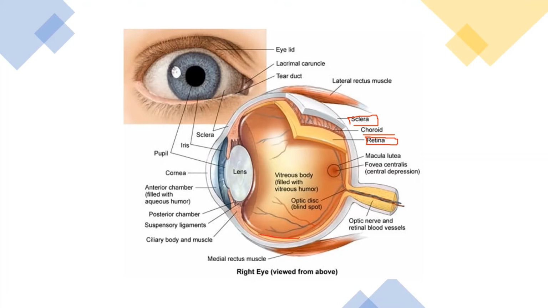Okay, so this is the retina here, as you can see, and then the choroid kind of goes around the entire eyeball itself. At the very front, light needs to get in, right? Light moves in, and light has to pass through the cornea, okay? And then from the cornea, it passes basically through a hole, all right? And that's what the pupil is. The pupil is the hole. And the pupil is controlled by the iris.